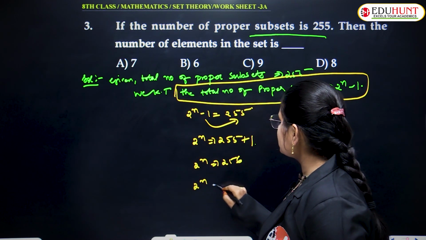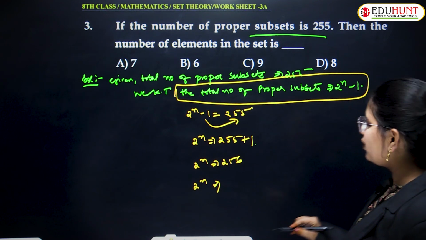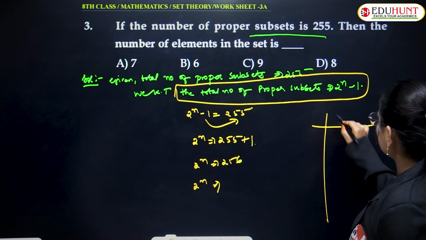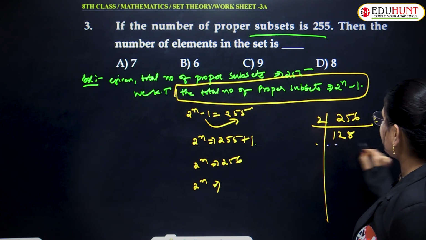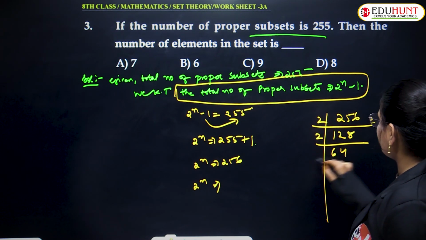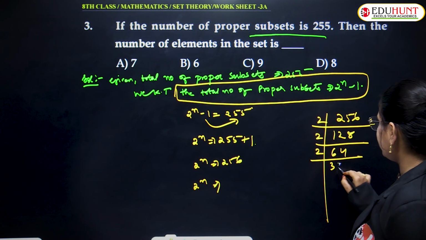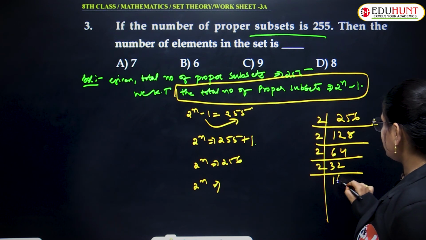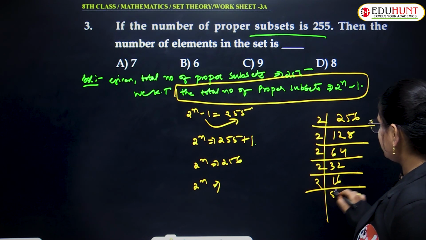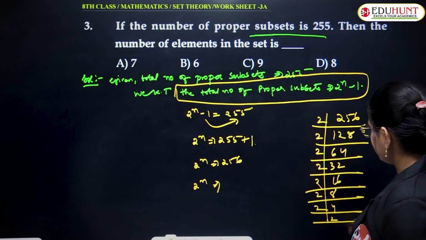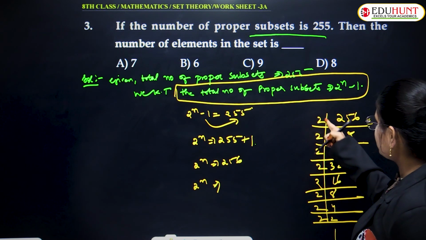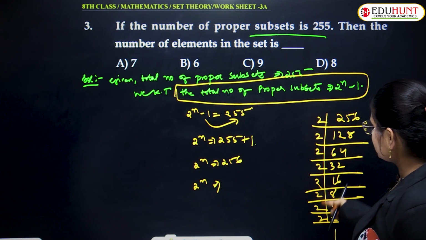Now write down the prime factorization of 256. 2 times 128, 2 times 64, 2 times 32, 2 times 16, 2 times 8, 2 times 4, 2 times 2, 2 times 1. Counting the twos: 1, 2, 3, 4, 5, 6, 7, 8.